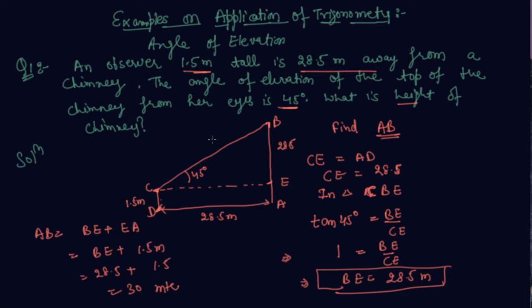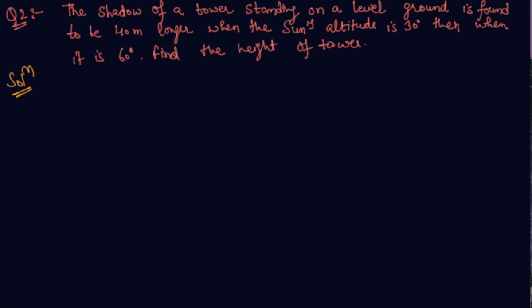Let me give you one more example on this. So students, here is the question. This is one of the most typical questions which can come from this chapter. The shadow of a tower standing on a level ground is found to be 40 meter longer when the sun's altitude is 30 degree.